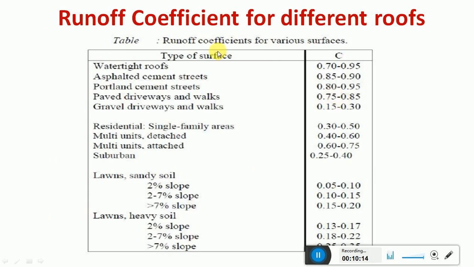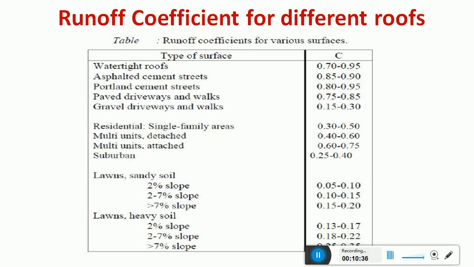People have done different experiments and have given C values for different types of surfaces. In a city you have all these types of areas. You have watertight roofs over your buildings, like at our institute.